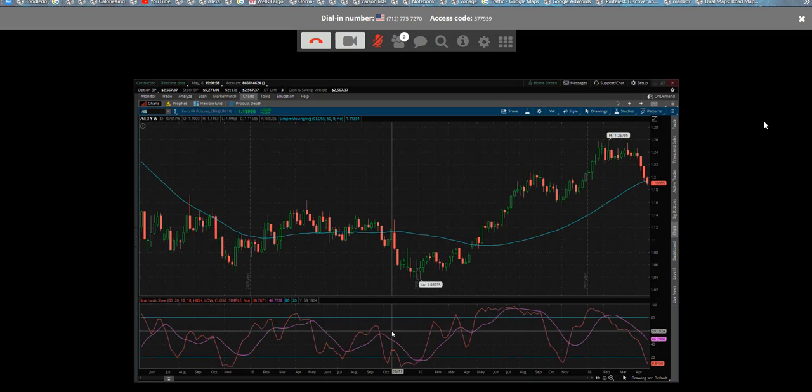So I want to show you one here. This is euro dollars, and this is a weekly chart. So here's how we start. Here's the bottom, and then we come up, we stop, and then we come back down. So this is a 1 right here.